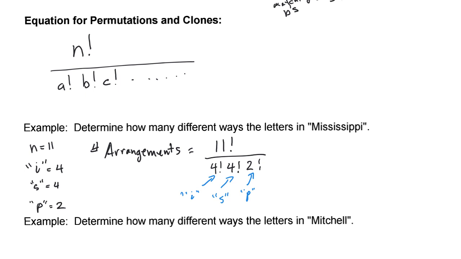Now, all you have to do is punch that into your calculator, and you get the final answer of 34,650 ways Mississippi can be rearranged.